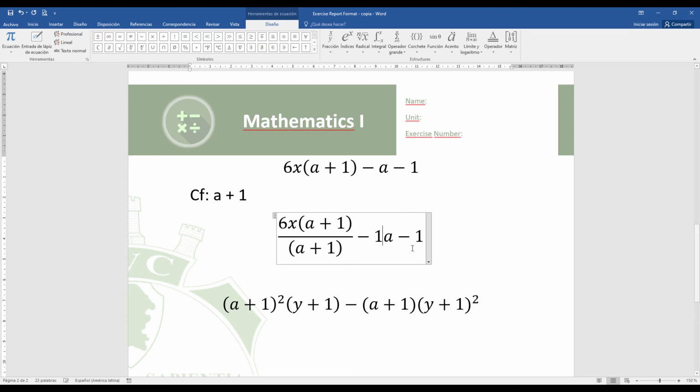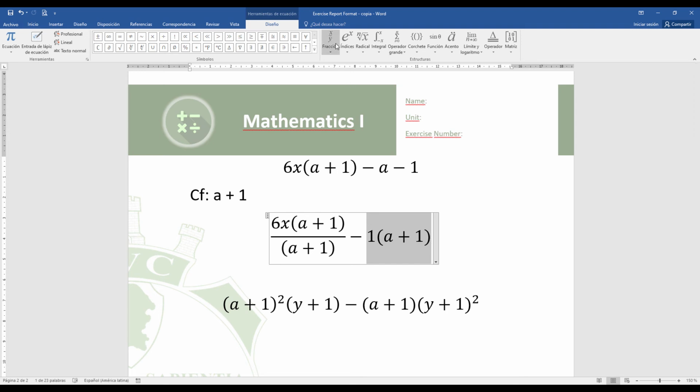For example, you can multiply minus 1 times a, it's minus a, and minus 1 times 1 is minus 1. So that is the same as that. Here I factor out the sign using the number 1.